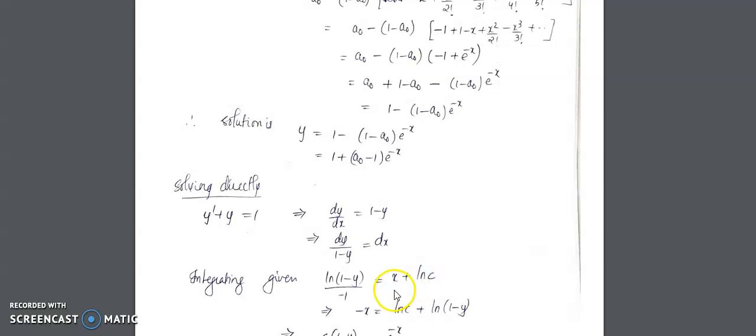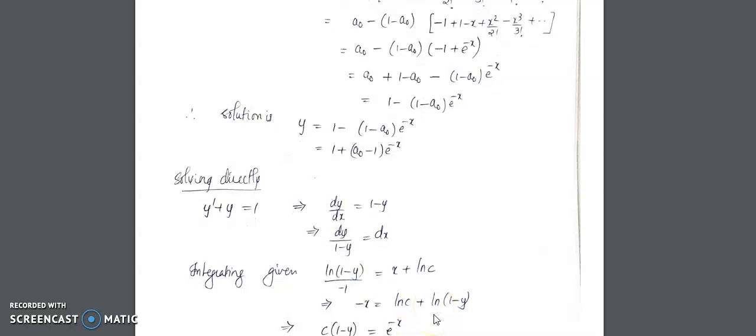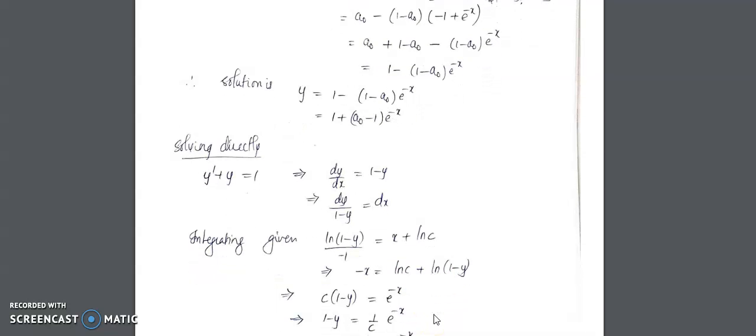So that gives minus x equal to log c plus log 1 minus y. This is in the form log a plus log b, so log ab form. Taking exponentials, we will get c into 1 minus y equal to e raised to minus x. So 1 minus y will be 1 by c e raised to minus x.